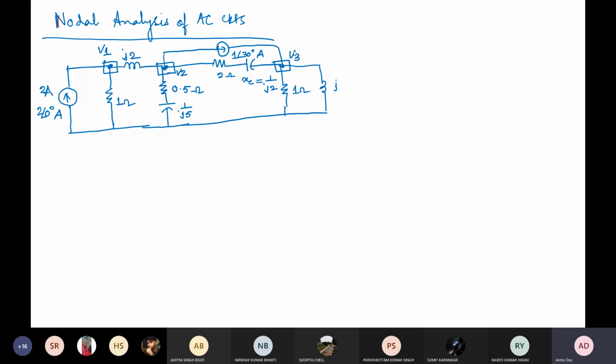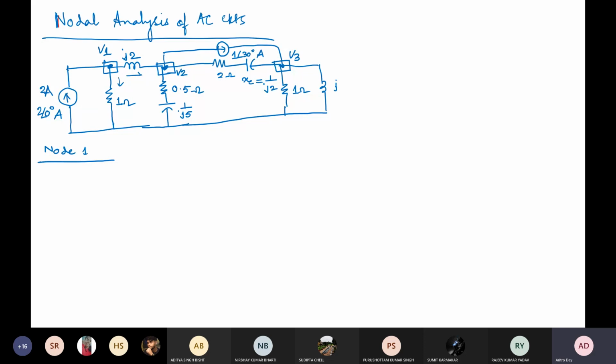If we can calculate V1, V2, V3, then we can calculate all the branch currents. To start with, we should do the nodal analysis at node 1. Current is incoming and we are assuming these are outgoing from here.